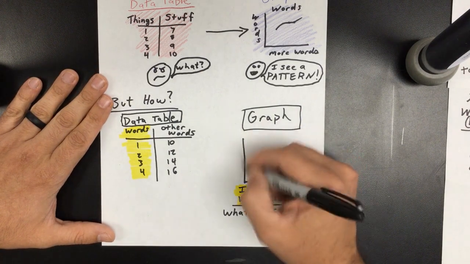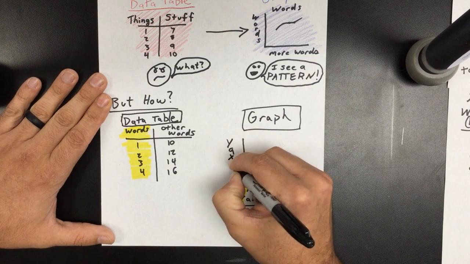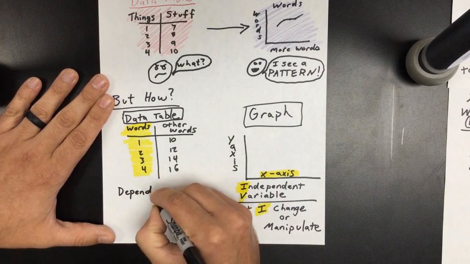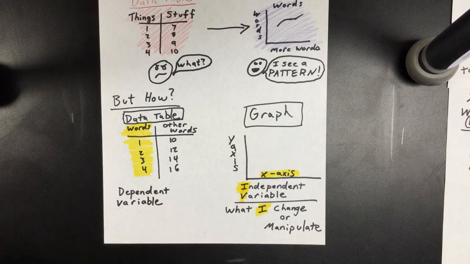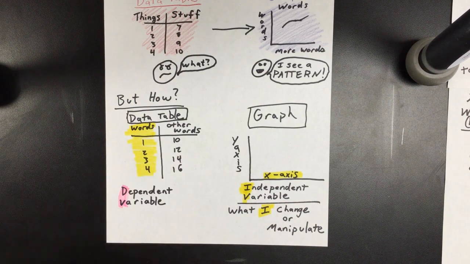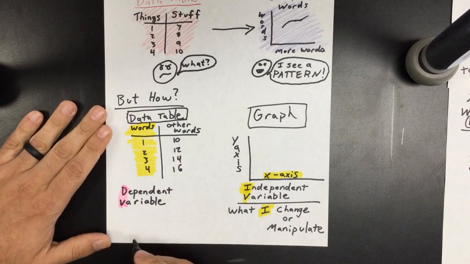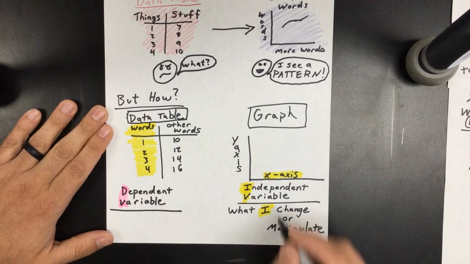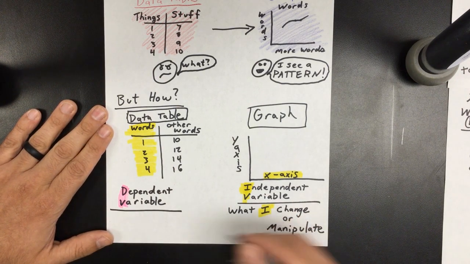Now on the y-axis, we put the dependent variable, also known as the DV. The dependent variable, we're trying to see if it might depend on the independent variable.